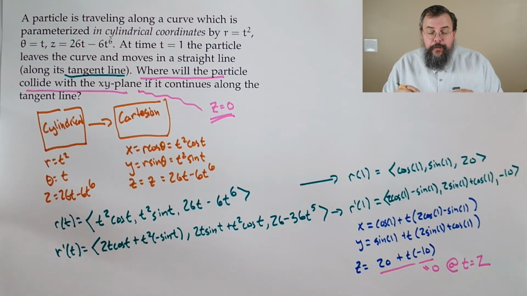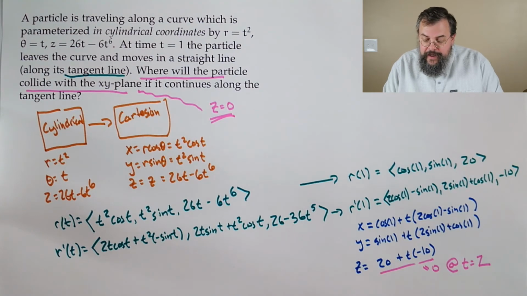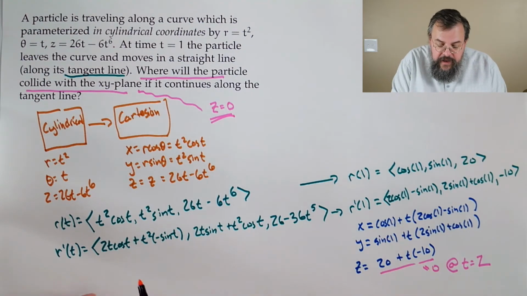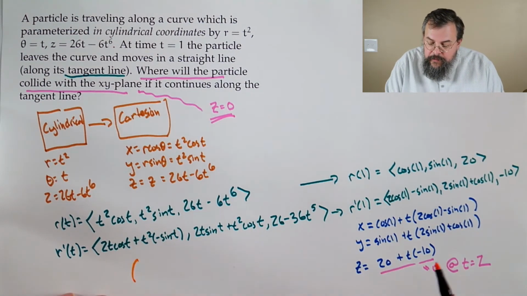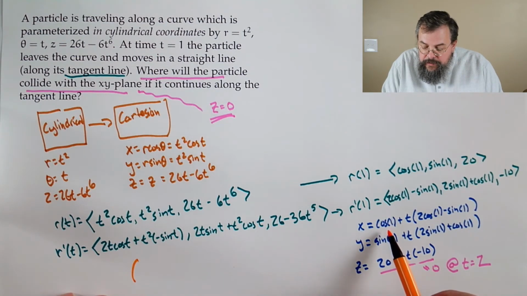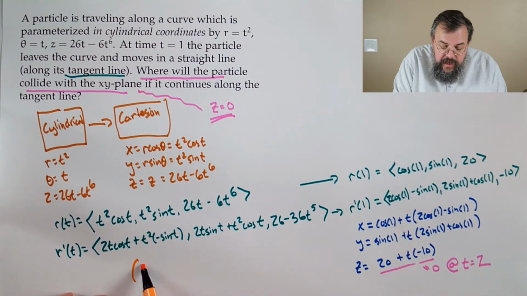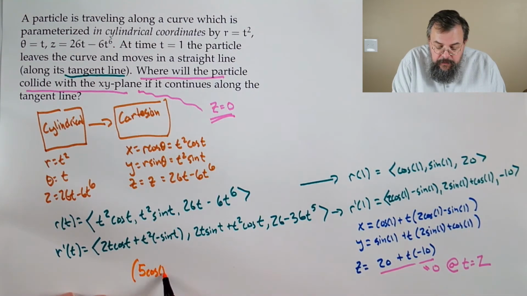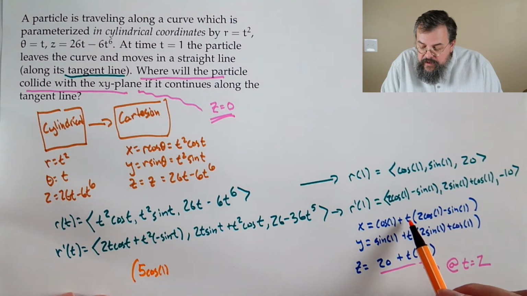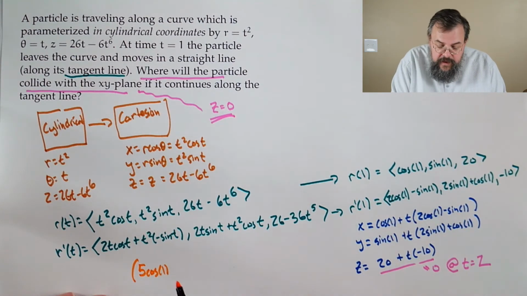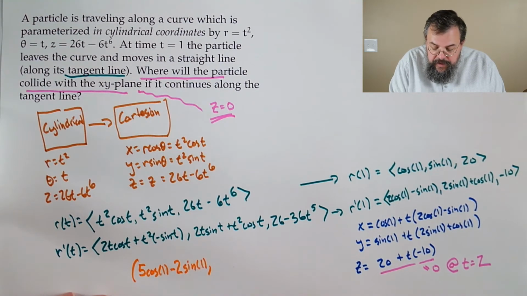And we just work through it carefully, every coordinate, one at a time. So for our x coordinate, we're going to get cosine of 1 plus 2 times 2, so that's 4 cosine 1. So that gives us 5 cosine of 1. And then there's going to be a 2 times this minus sine 1, so minus 2 sine of 1, comma.